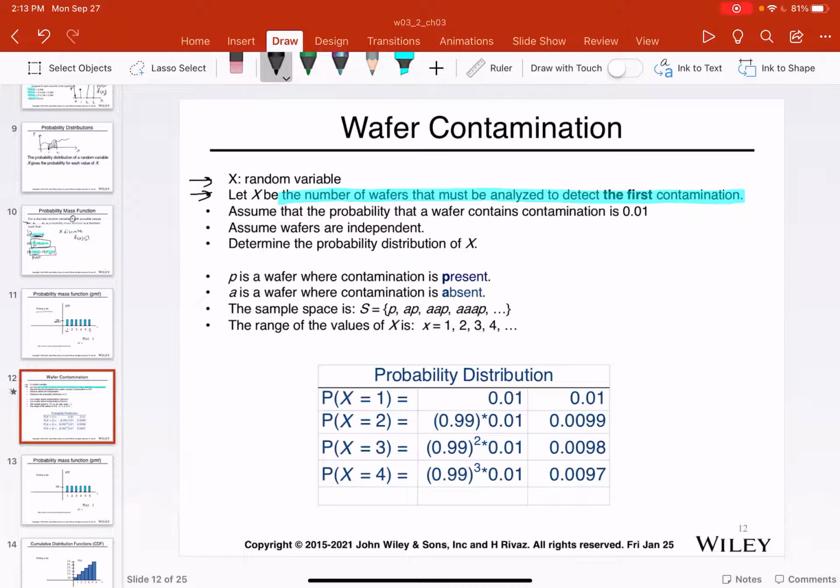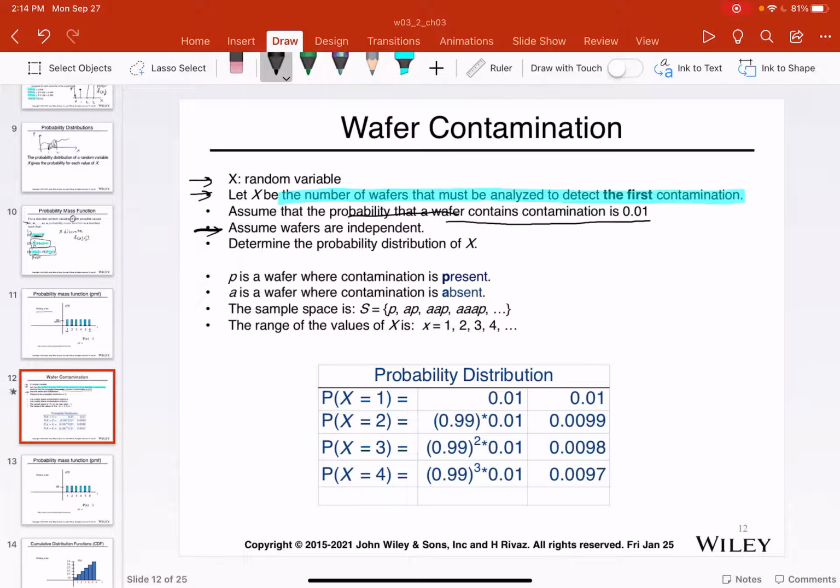And assume that the probability that a wafer contains contamination is 1%. Wafers are independent from each other. That means that if I check 100 wafers and none are contaminated, I can't say the probability of having a contamination was 1%, I already tested 100, so for sure the next one is going to be contaminated.